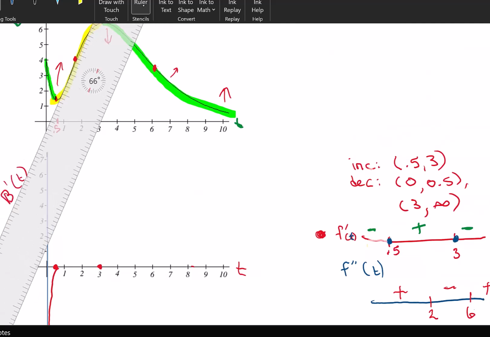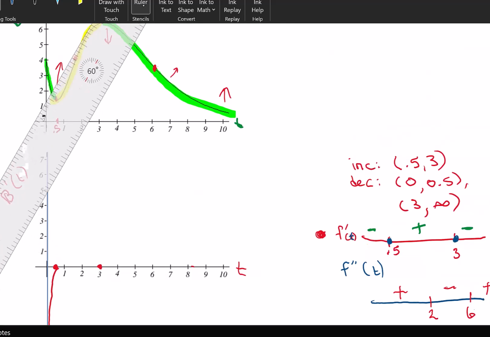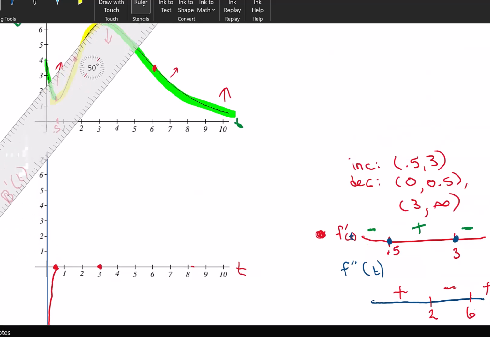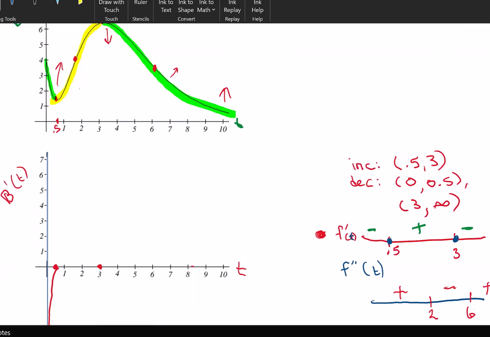And at this point, it's probably like this. And then notice here, it's probably like this. So it's changing, but it's always positive, which means I have to go up above the line, but I have to come back to 0. It's increasing always, but the slope is getting bigger and then smaller. And then it's decreasing to infinity.